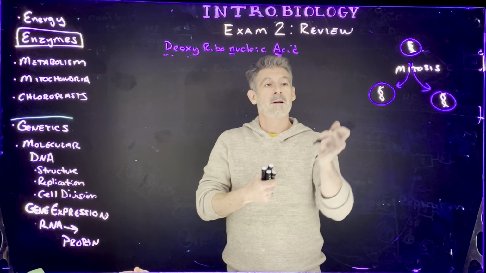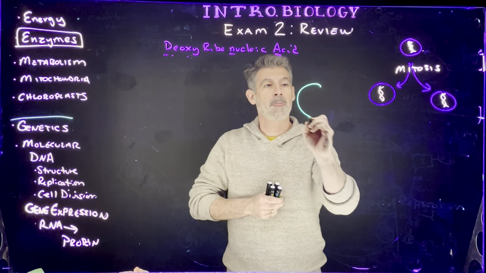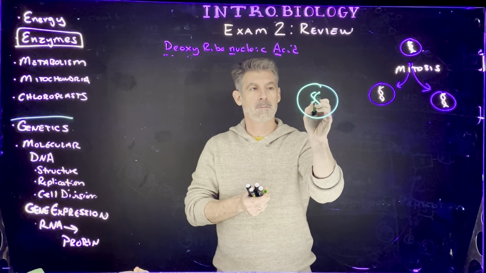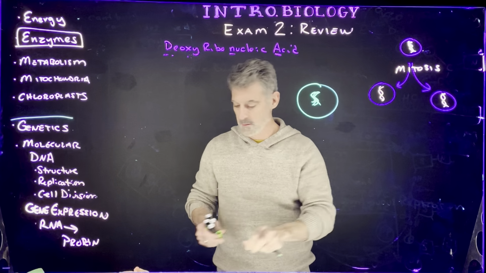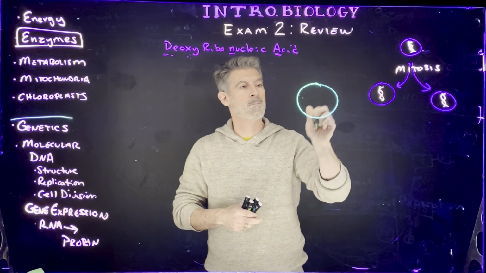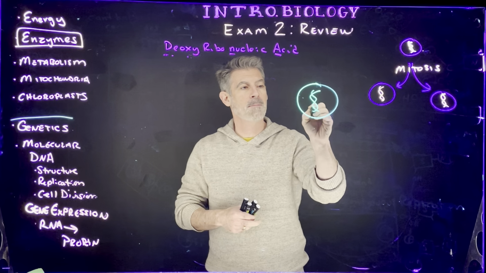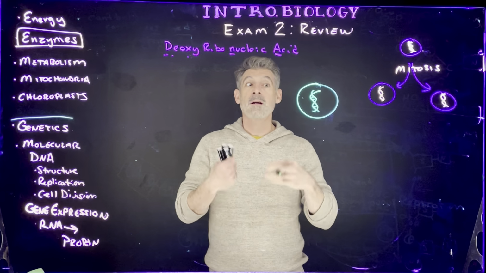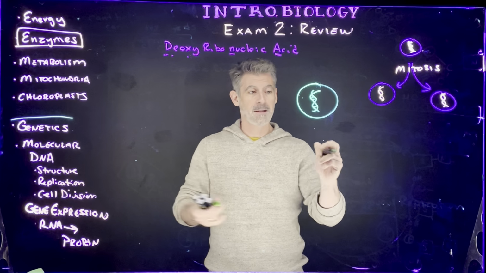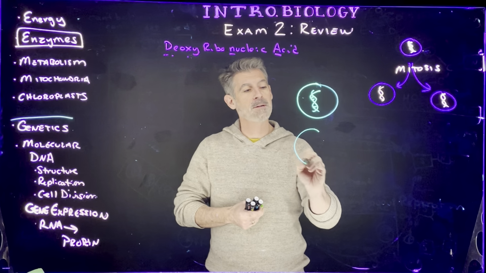What it will go over is how a cell will have its double-stranded DNA. Okay, there you go, like that. With DNA replication, we often show them being separated, but that's not really what happens, okay?